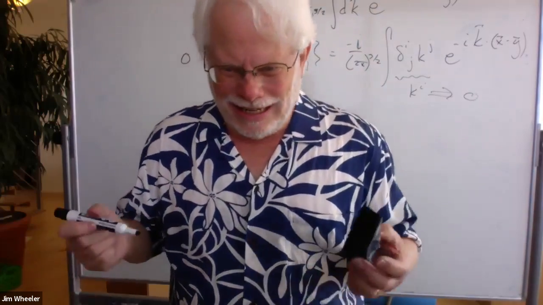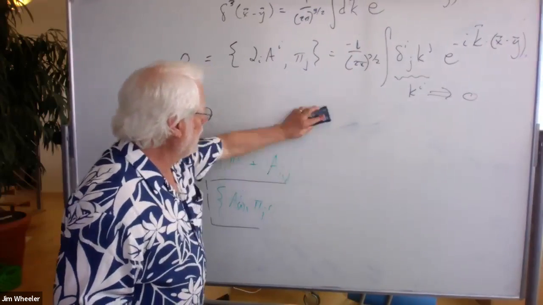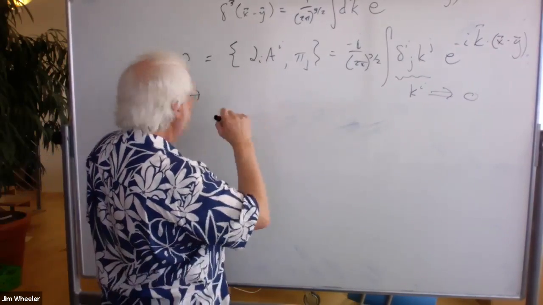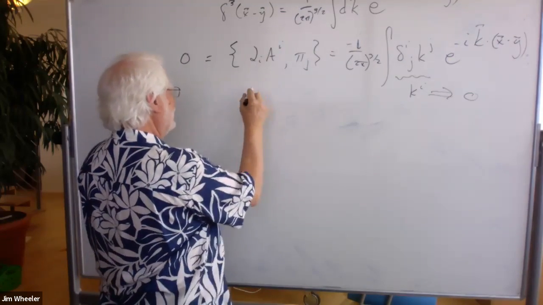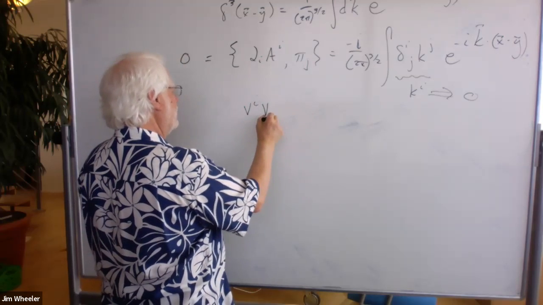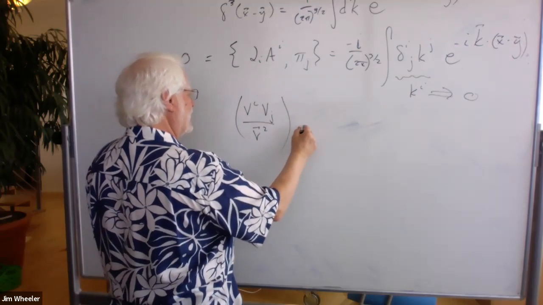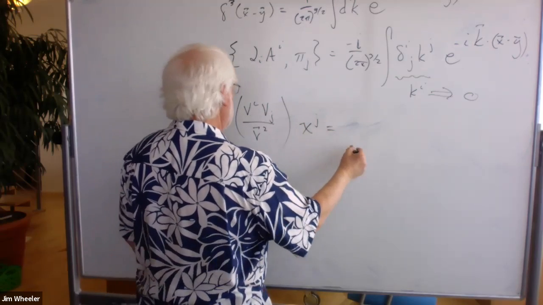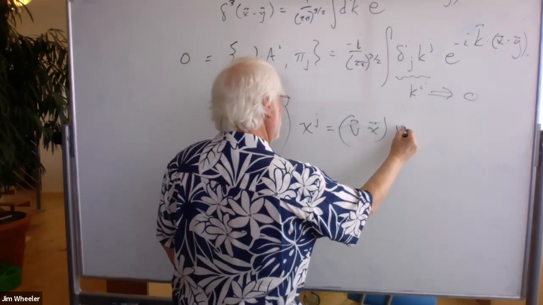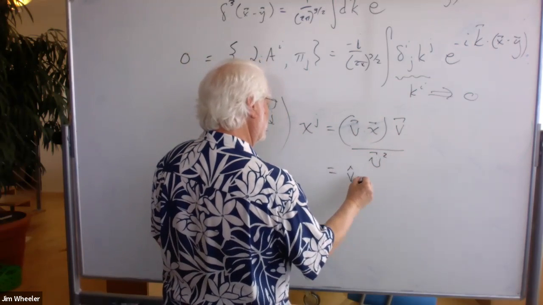The advantage is now that this is an algebraic condition, and it's easy to write projection operators. So if I have any vector v_i, then if I want a projection in the v direction, I just write v_i v_j over v squared, and that acting on any other vector x is going to be v dot x times v over v squared, which is a unit vector.